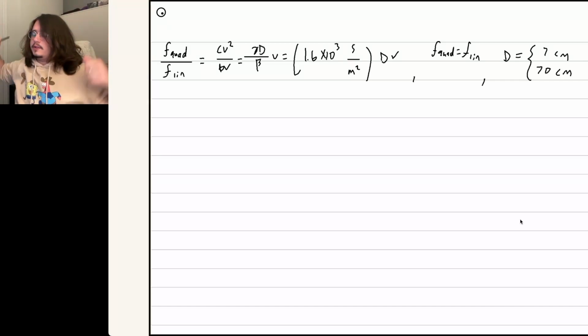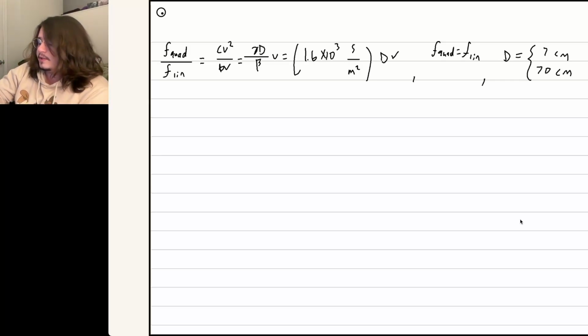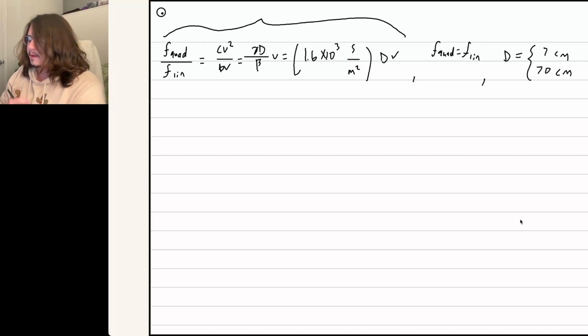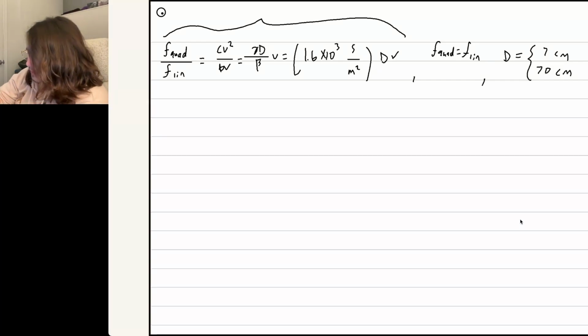And we're going to be using this equation here, which is the ratio between the quadratic friction force and the linear friction force. So if we're setting the quadratic friction force equal to the linear friction force, then this ratio is 1.